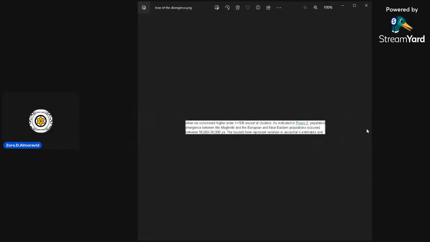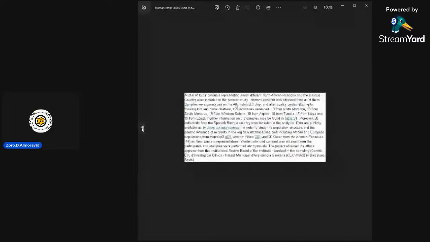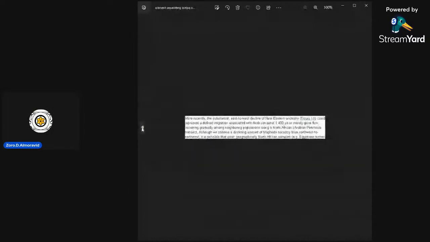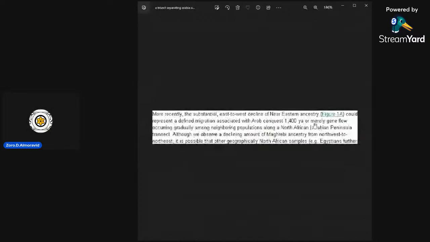Now, the second part of the Eastern component is the Arab conquest, which is the biggest argument, or the biggest kind of status quo of a lot of people in speaking about the narrative.